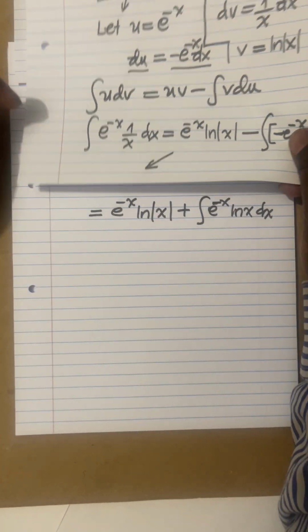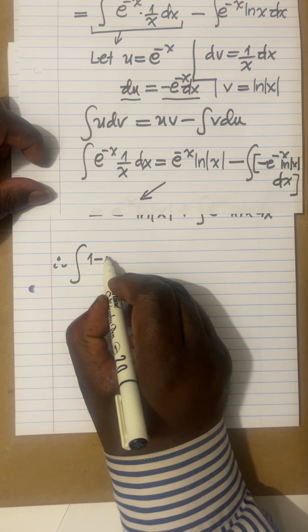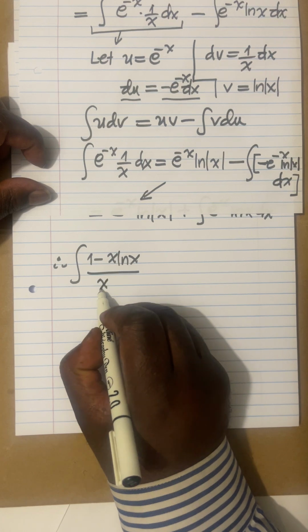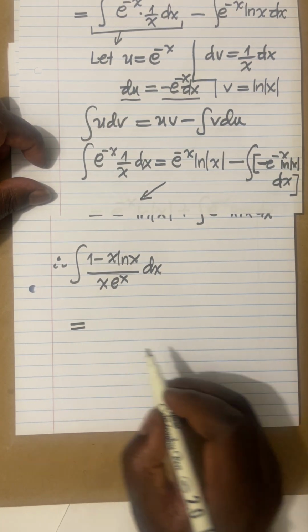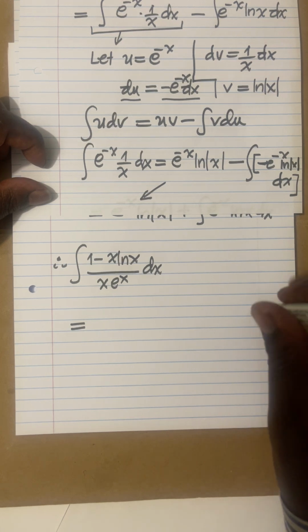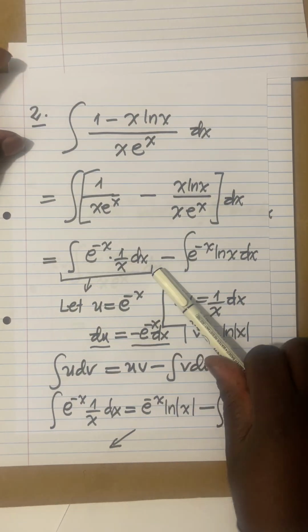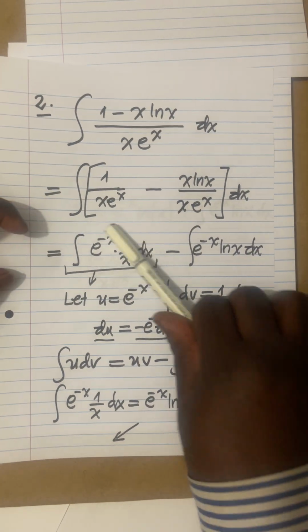So finally, therefore, the integral of 1 minus x natural log of x, all over x e to the x dx, must be equal to, notice now I'm taking everything. The first part is this part here, and I want to capture the expression for that, and then I'm going to say minus this. So what is the expression for that?